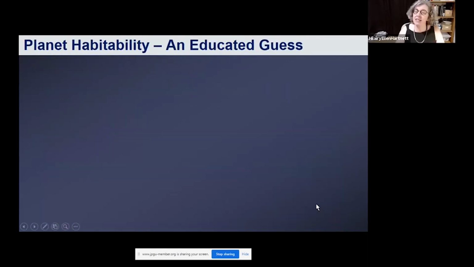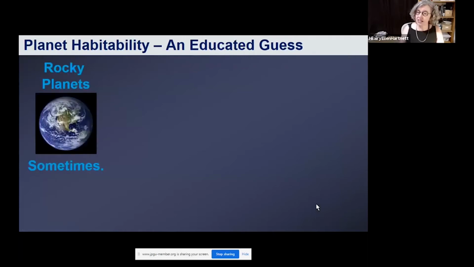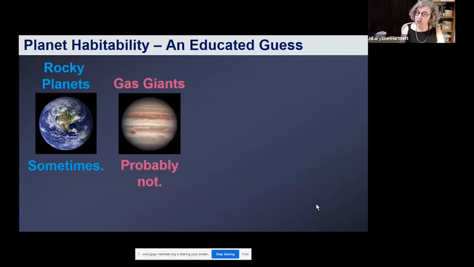We can make some guesses about habitability for planets, right? Rocky planets like our own are sometimes habitable. Earth certainly is, but Venus may not be. Gas giants, also an example of a planet in our own solar system, are probably not habitable.